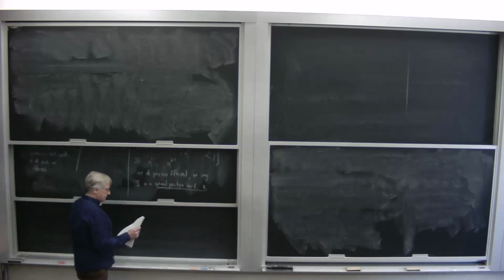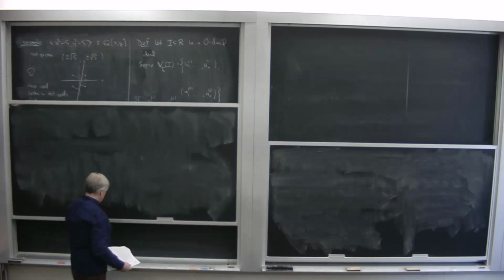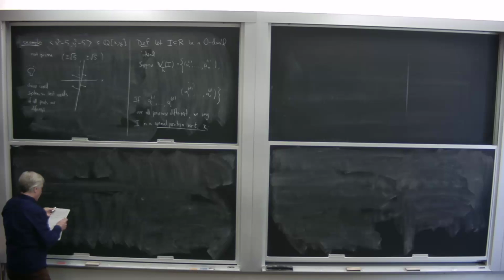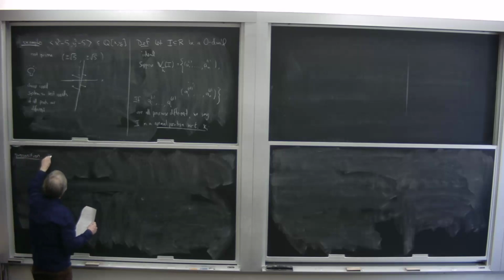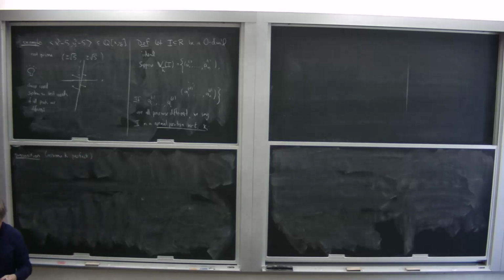And now here's the proposition. Remember, we're assuming that K is perfect here. Again, there is a way around that, but we would have to think about it.